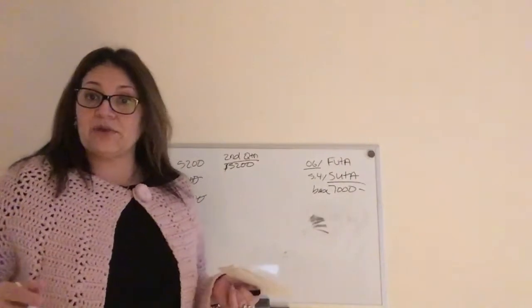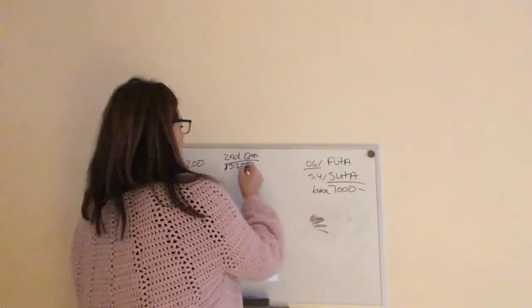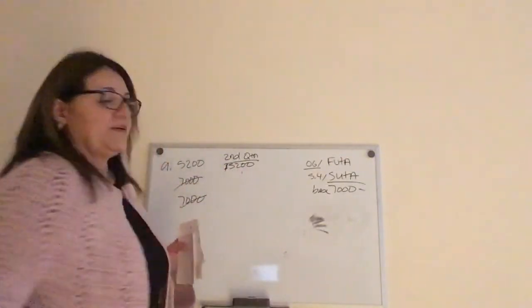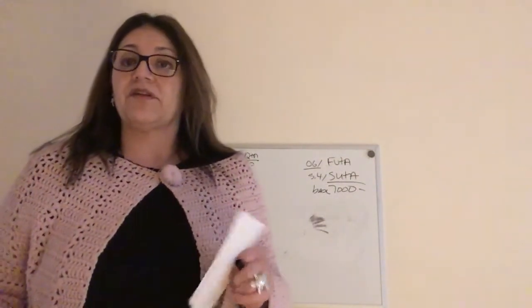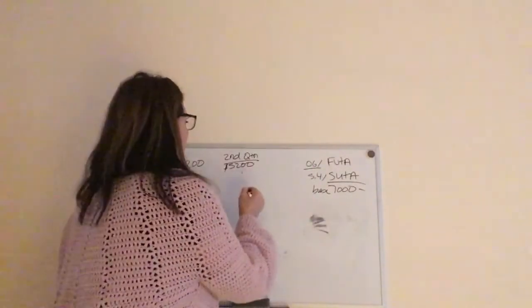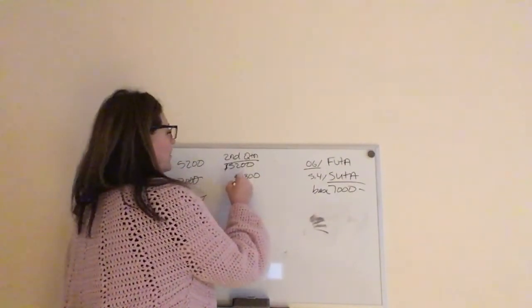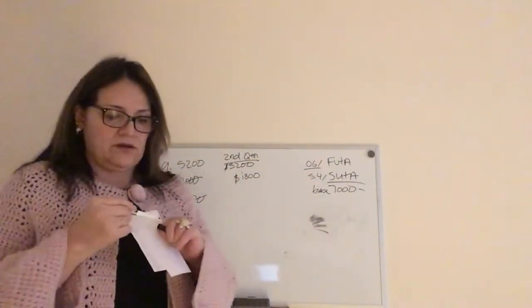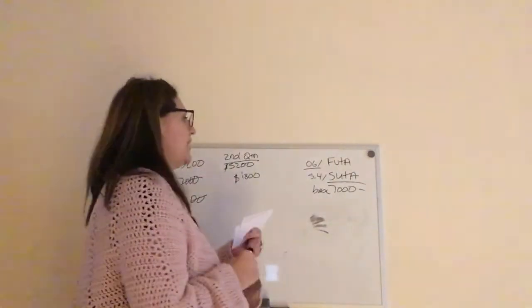So now he's reached it. There's a difference here. 5,200 plus 1,800 equals 7,000. So the difference is 1,800, right? So what we're going to do is pay the taxes on $1,800.